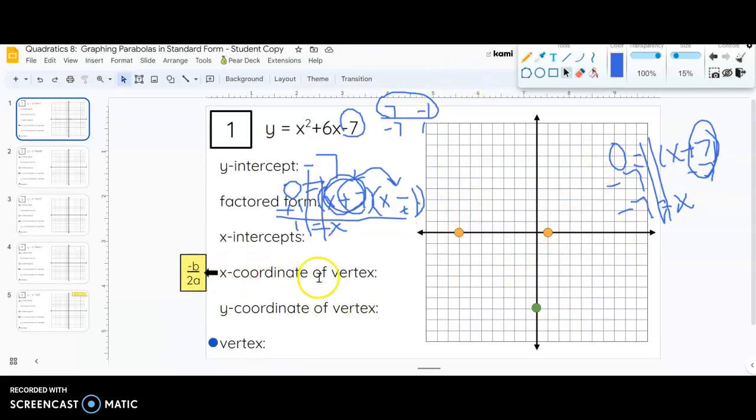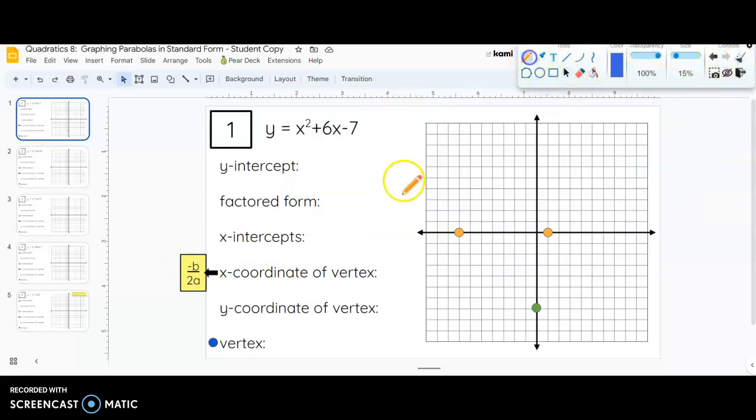So let's figure out where the vertex is. Okay, it's probably going to be down here somewhere, so we can try to make a U. To get the x-coordinate of the vertex, we're going to use this equation right here. -b, or the opposite of b, divided by 2a. I'm going to clear the stuff that I have so far. All right, the coefficient in front of x squared is a.